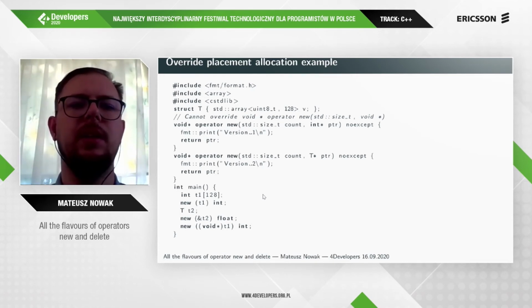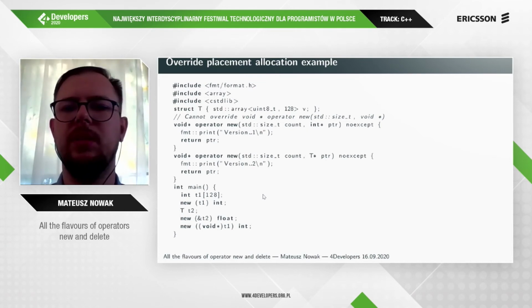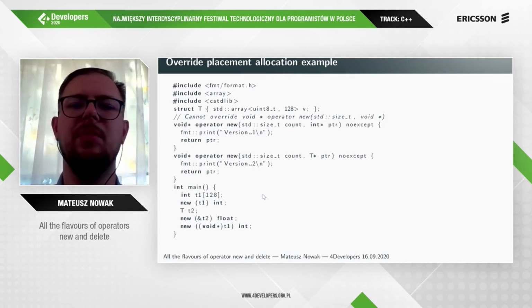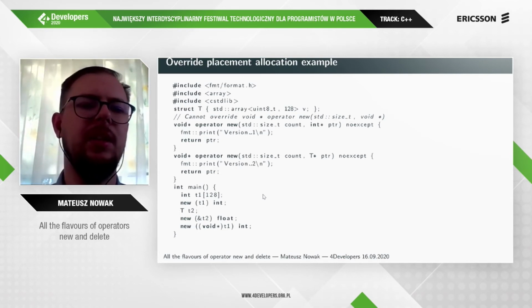If we try to put it in the code, it will end up with some compile error which doesn't look obvious at first look. So it takes some time to find what's going on. But we can override or put our custom definitions for placement operator new using different types.